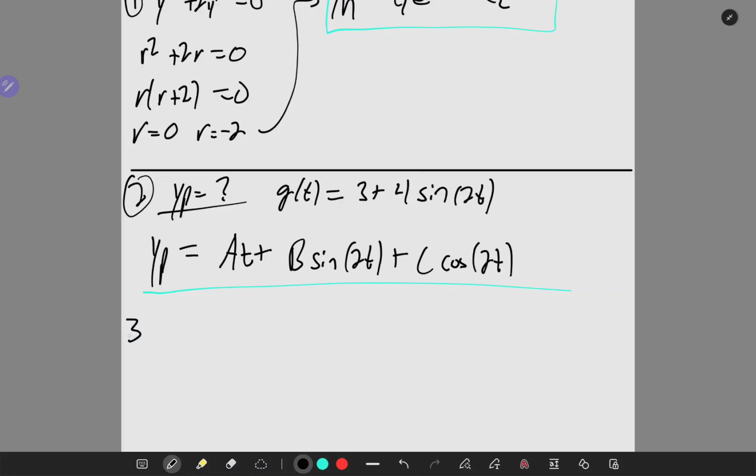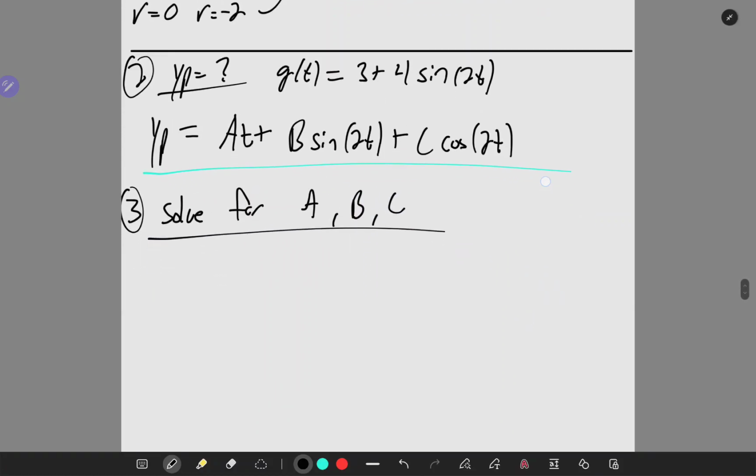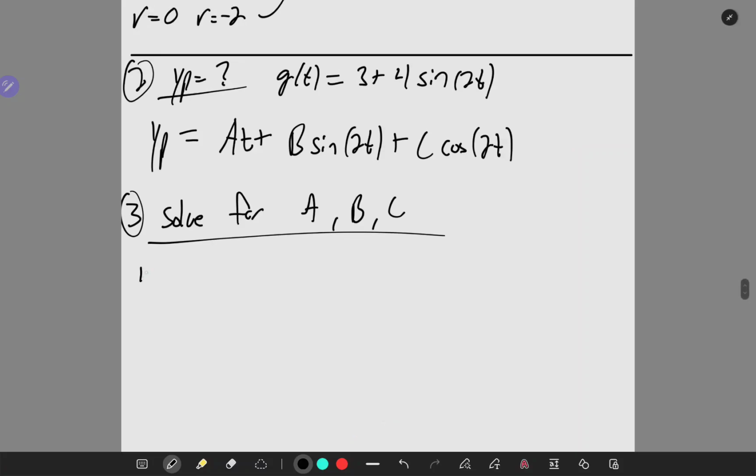Step 3. Solve coefficients. So we need to solve for a, b, and c. So let's go ahead and take y p prime and y p double prime.